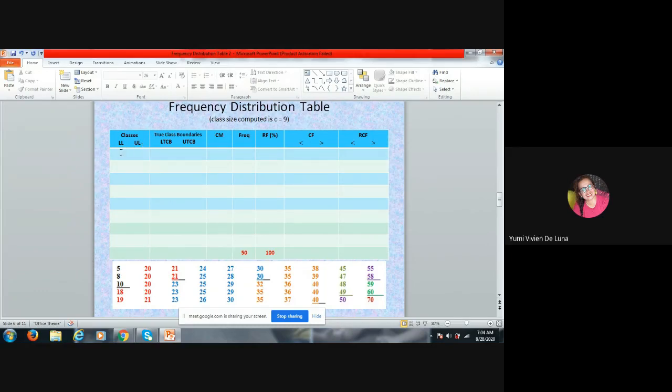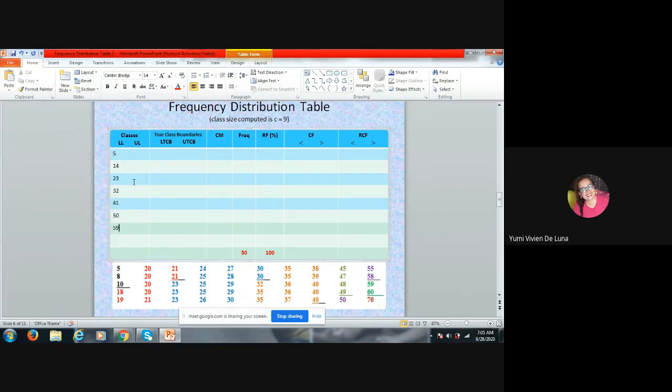So mag-i-start po tayo dito sa lower limit. So to start, just copy the lowest value, 5. And then yung susunod niya, you add the class size na 9. So 5 plus 9 is 14. 14 plus 9, add nyo ulit yung class size, that will give us 23. Plus 9, plus 9, 41, plus 9, plus 9.